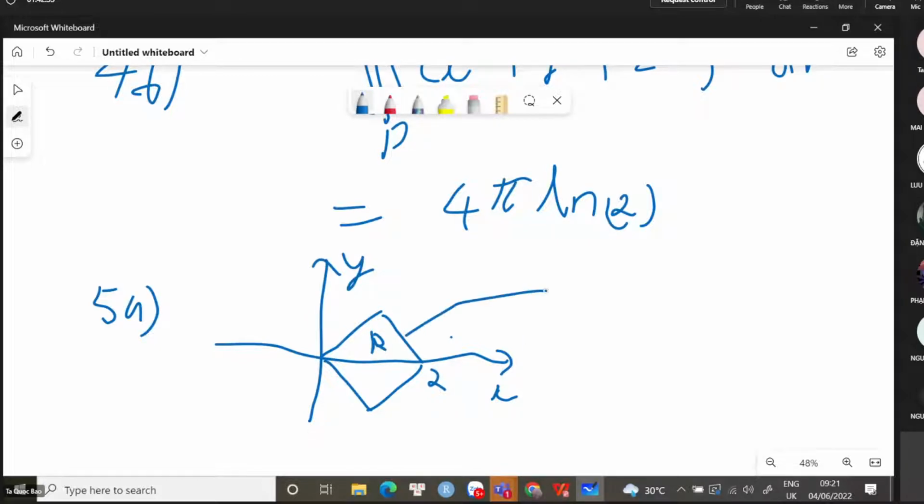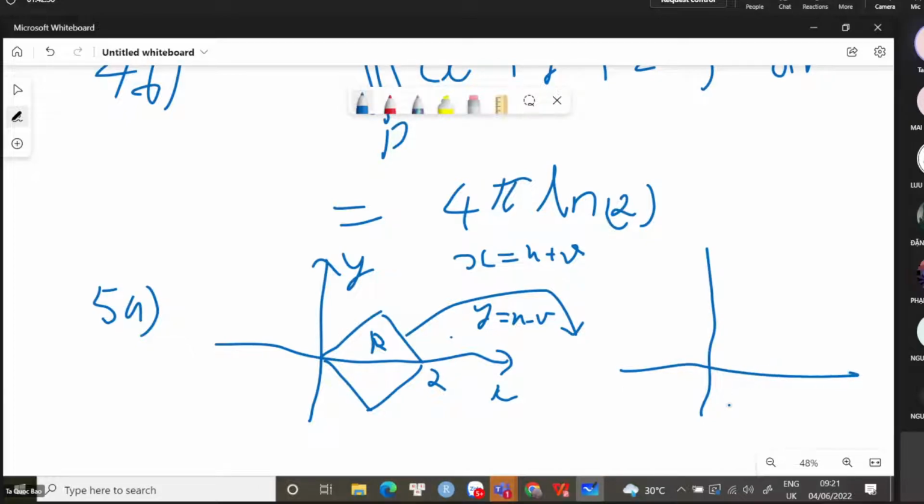And now when we change x equal to u plus v and y equal to u minus v, in this coordinate system OUV, the region R now becomes this region S. 1 here, 1 here.